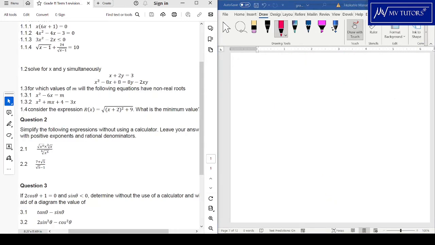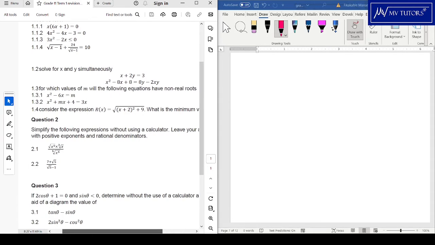Okay, let's do question 2 now. It says simplify the following expressions without using a calculator. Leave your answer with positive exponents and rational denominators. Let's start with 2.1.